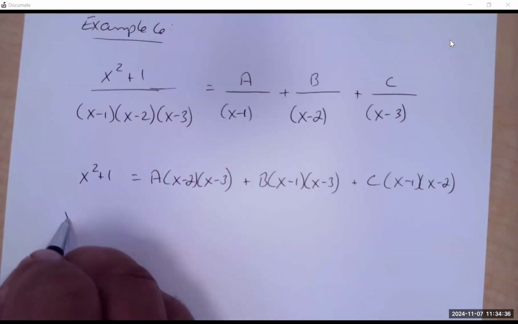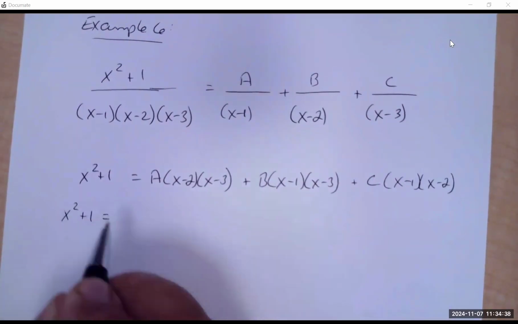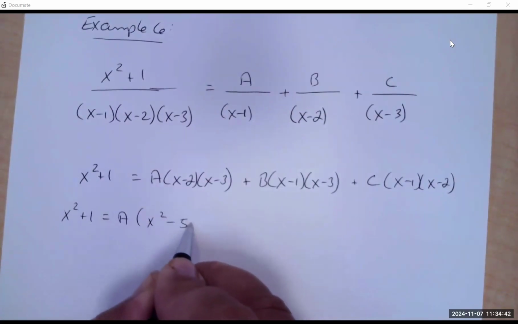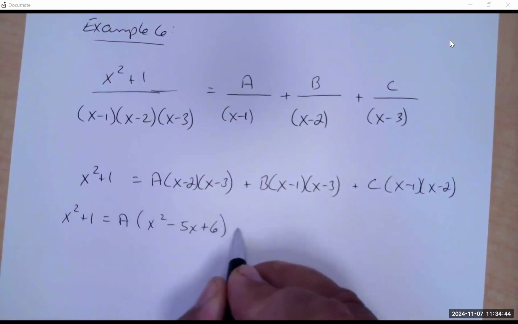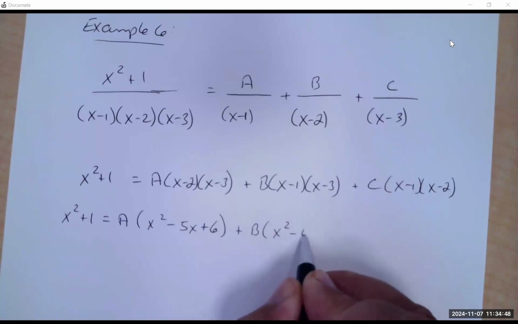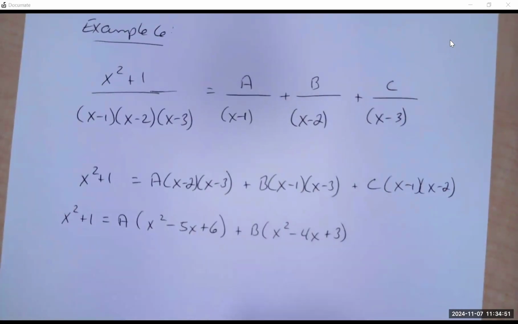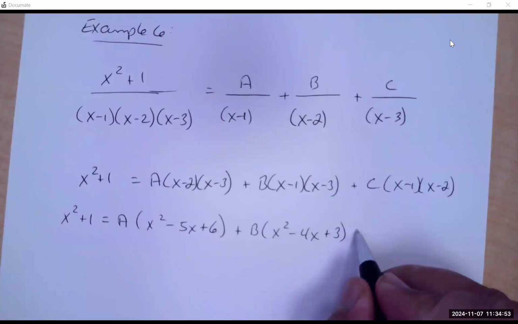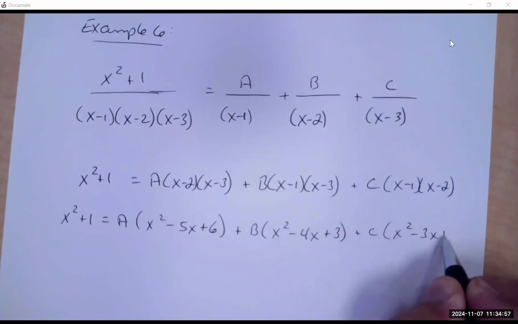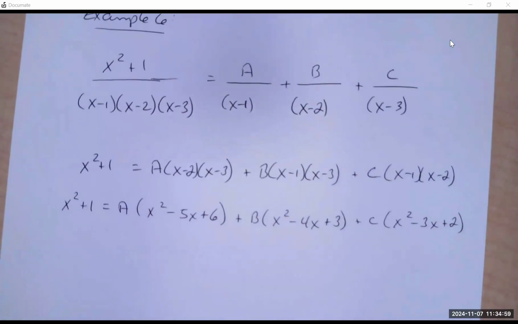So that becomes x squared plus 1 equals A times x squared minus 5x plus 6, plus B times x squared minus 4x plus 3, plus C times x squared minus 3x plus 2.